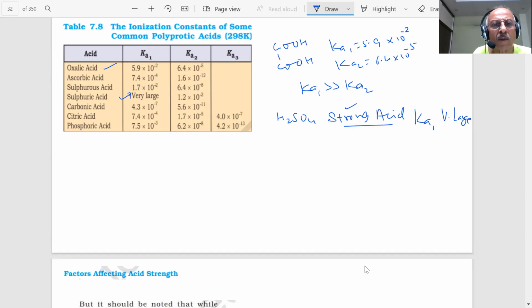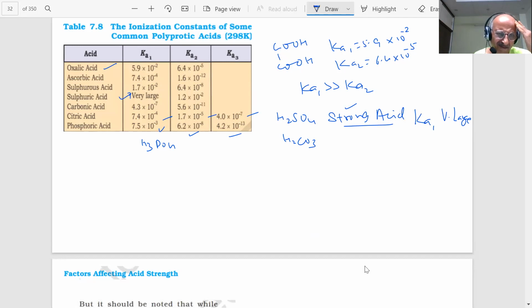Compared to this, carbonic acid, H2CO3, these are weak acids. Citric acid has got 3 ionizable H, 1, 2, and 3. And this is your phosphoric acid, H3PO4, 1, 2, and 3.